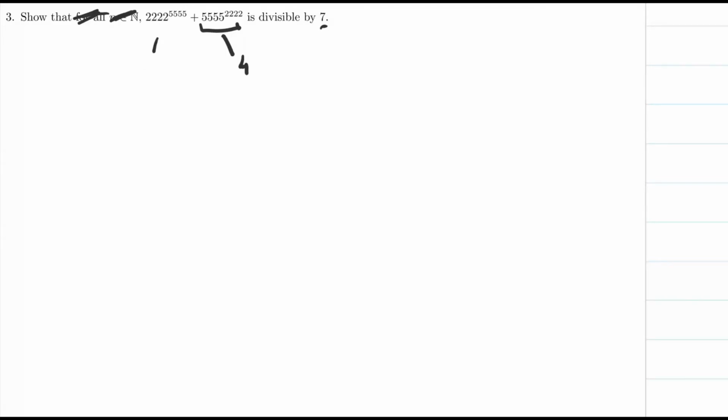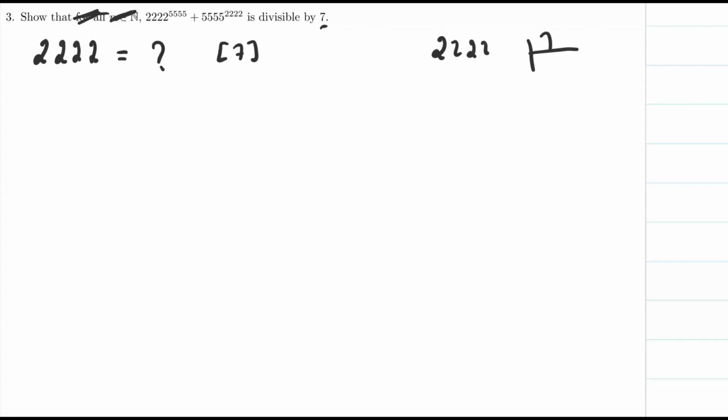Okay, let's start. So for the first term of my sum, the first thing I want to calculate is 2222 modulo 7. And I do it by just dividing 2222 by 7.